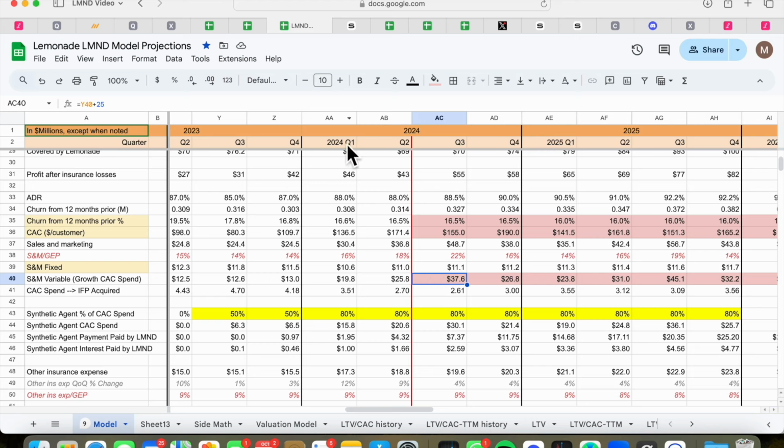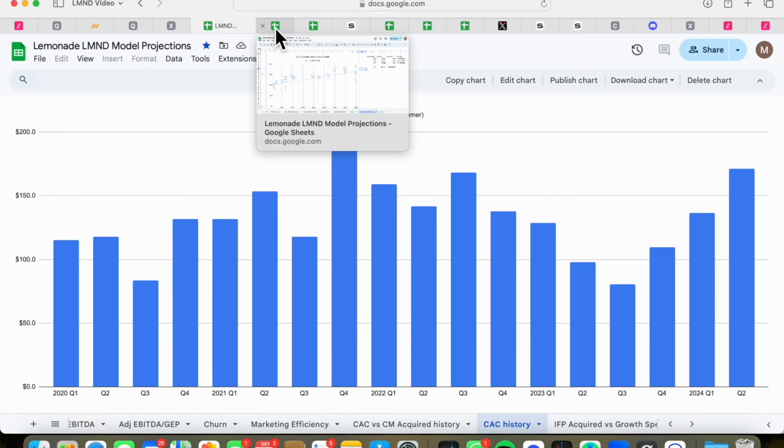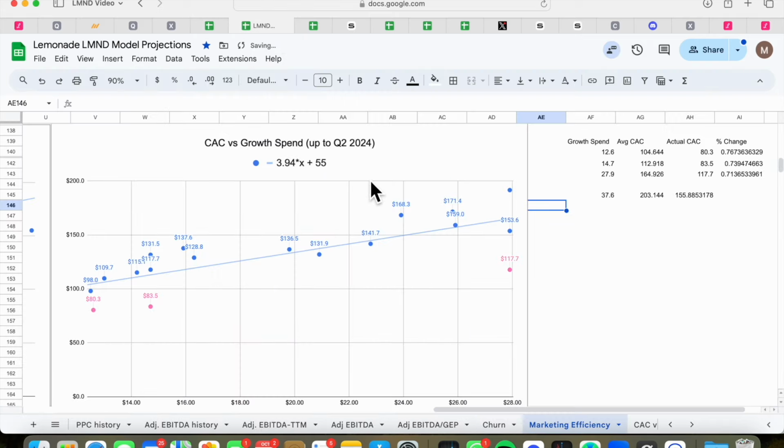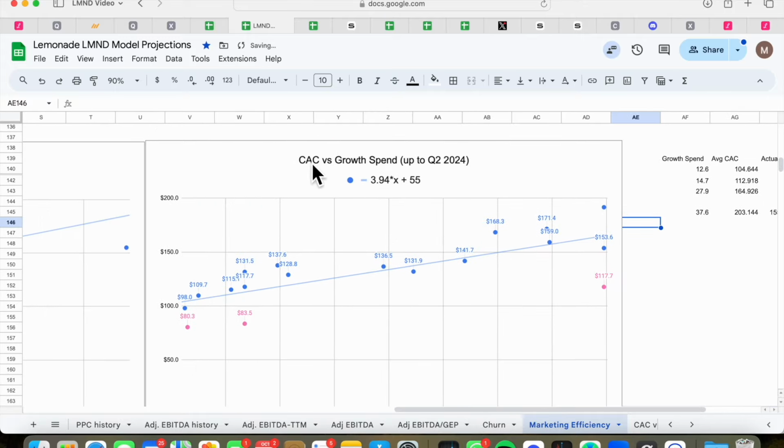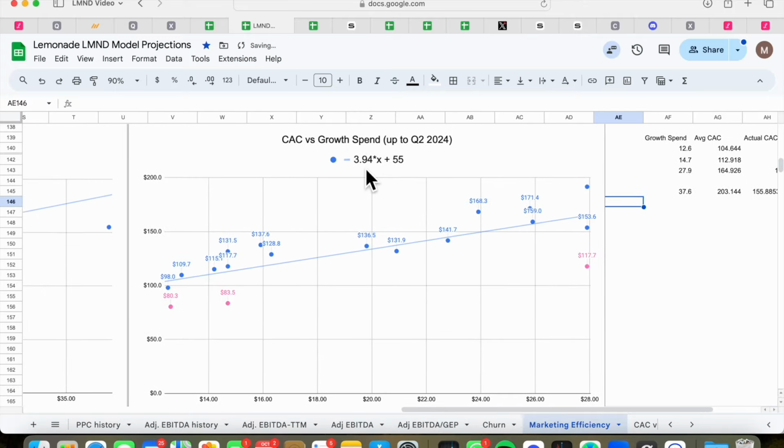Now you wonder, what is their customer acquisition going to be? We flip over to another tab. I have customer acquisition cost versus growth spend up to last quarter, so it gives a trend line. As you can see, if you spend more on growth, then you end up paying on average more dollars per customer.